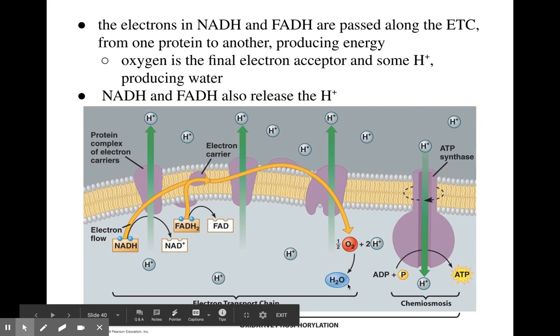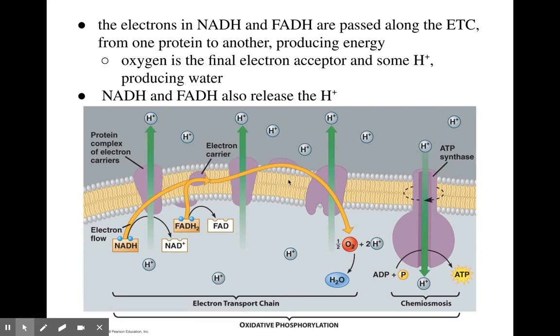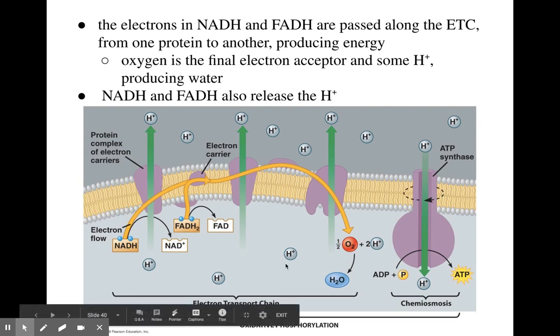So we're doing the opposite. Remember, in photosynthesis, we split water into oxygen and hydrogen. Now we're going to give it electrons and make water. So we're doing the opposite of photosynthesis here. And remember that the NADH and the FADH2s are releasing hydrogen ions.